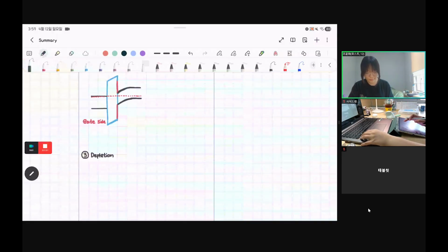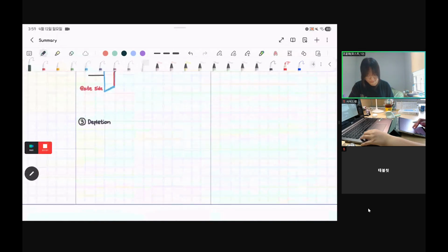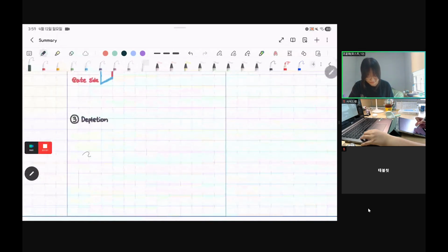If the bias is applied, we can draw it like this.